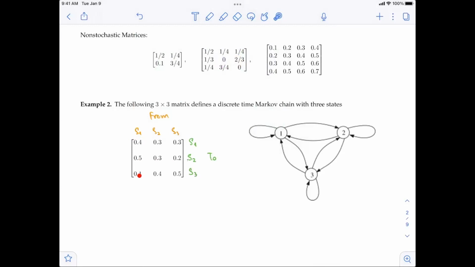This number 0.1 means that there is a 10% chance that the member in state 1 will switch to state 3, and so on and so forth. Let's try another example here. 0.3 means there is a 30% chance that the member in state 2 will switch to state 1. Hopefully you get the idea.